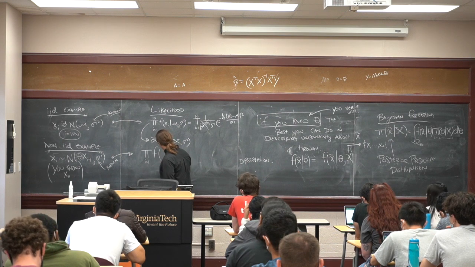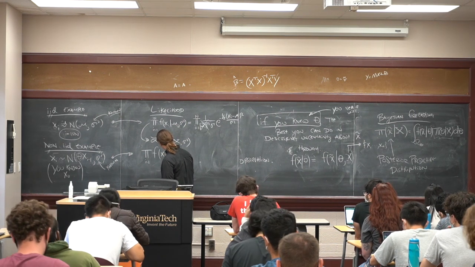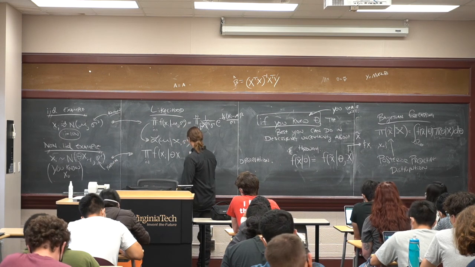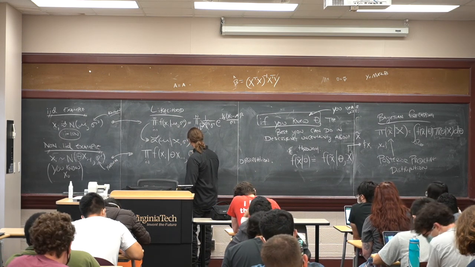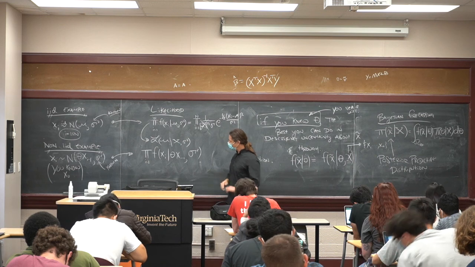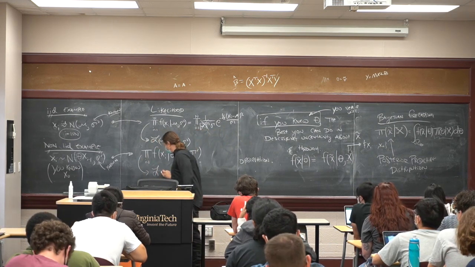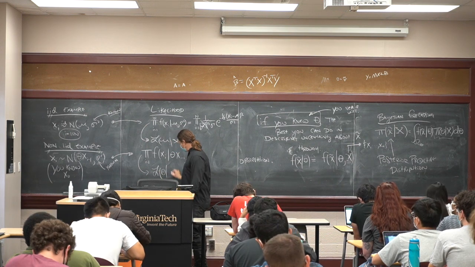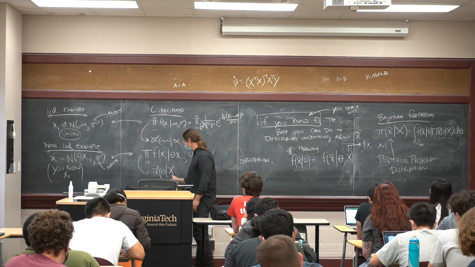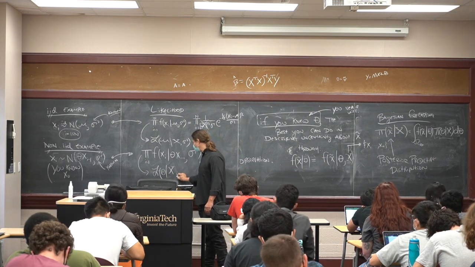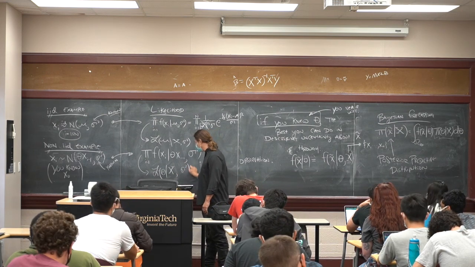I'm going to say this is going to be f of xi, given beta xi minus 1 and sigma squared. So this would be my likelihood function for theta. This is going to be conditioned on all of my x's, maybe my x0 as well, and sigma squared.